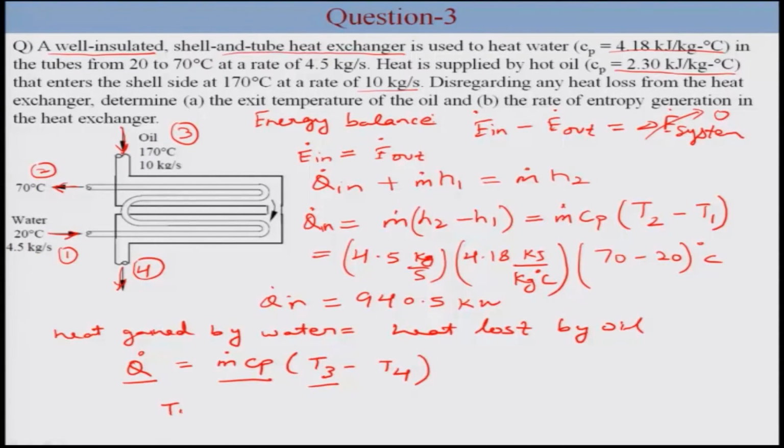So, T4 is equal to T3 minus Q dot divided by m dot into Cp.